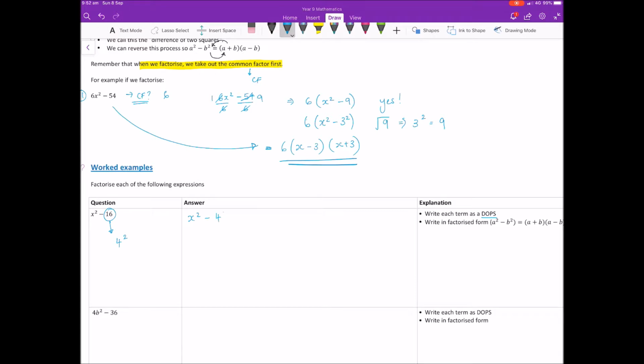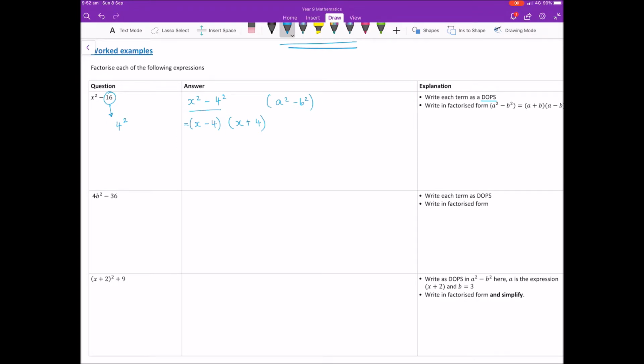So we can write it as x squared minus 4 squared. Now to write it in its factorized form: what we've got down is equivalent to a squared minus b squared, so we'll write x minus 4, and then x plus 4, and that would be x squared minus 16 in a factorized form.